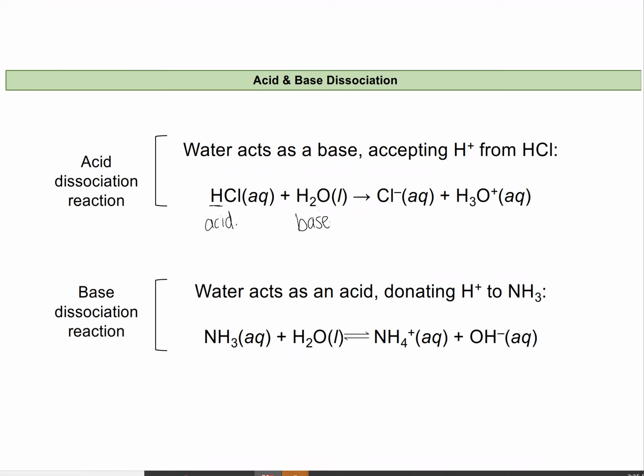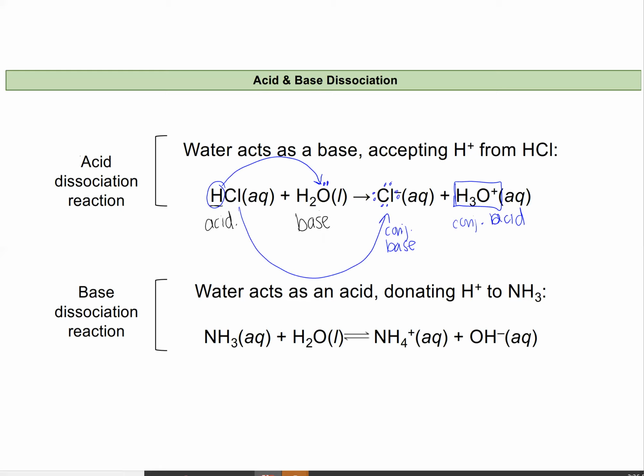And when this happens, that hydrogen atom on our hydrochloric acid forms a bond with a lone pair on our oxygen, and that gives us our hydronium ion, which is our conjugate acid. And that leaves us with just our chloride ion, and it has these 4 lone pairs and a negative charge, so this is our conjugate base of our dissociation reaction.